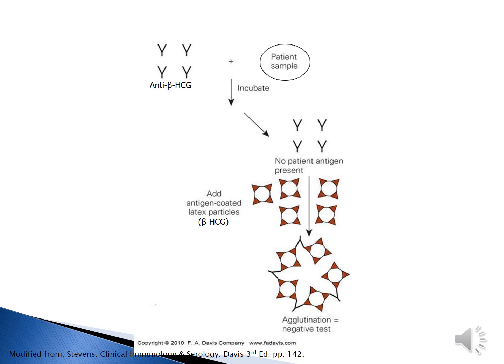So then we're going to add antigen-coated latex particles. And so this anti-beta-HCG will then bind to these antigen-coated particles, and then we'll have agglutination, and this will mean a negative test. Okay, now let's look at the other side of this test.